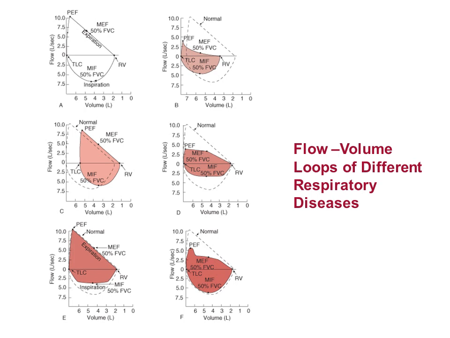In diagram E, there is variable extrathoracic obstruction. What we mean by extrathoracic obstruction is obstruction outside the lung and the thorax. An example of this is the paralysis of the vocal cord.